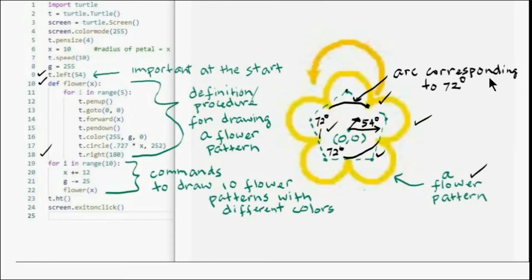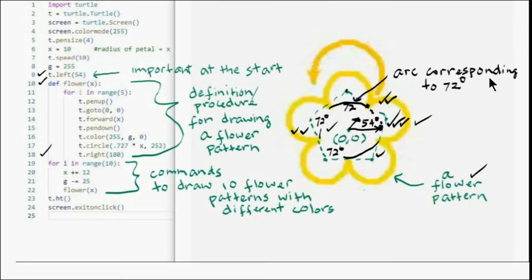But what is the angular measurement from this point here up to this point here? So let me generate that arc here. The arc is like that. Since this arc here corresponds to 72, and since there is a semicircle from this point up to this point here, what we'll have is an arc corresponding to 180 degrees.